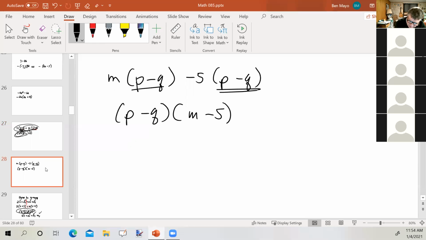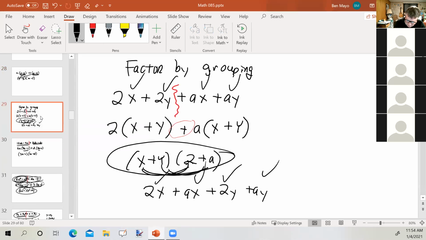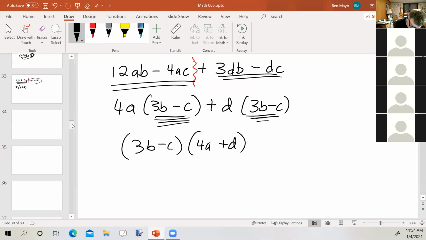Here, these two quantities had to match so that I could take out the greatest common factor. Here too. Okay, we get the picture.